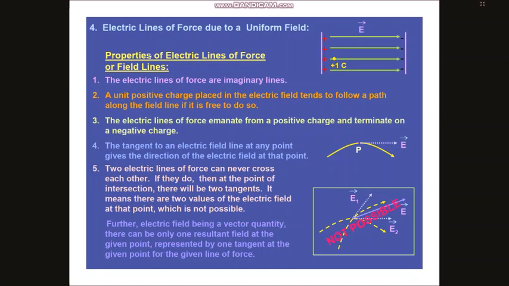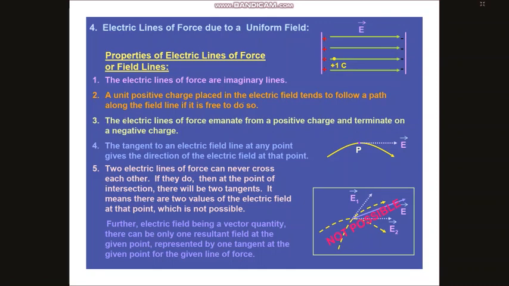Now, properties of electric lines of force or electric field lines. First, the electric lines of force are imaginary lines. Second, a unit positive charge placed in the electric field tends to follow a path along the field line if it is free to do so.